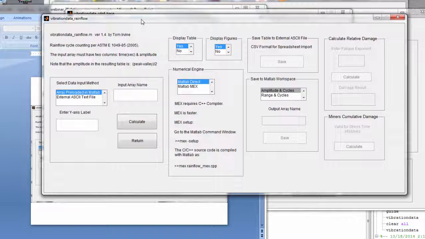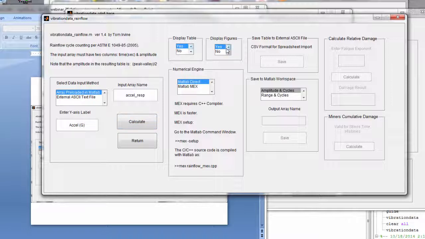Note that the way we're defining amplitude is peak minus valley divided by 2. So preloaded into MATLAB, we have Excel_RESP, the response of our spring mass system. It's very important: when we do rainflow, we don't do it on the input. Rather, we do it on the response. Very important. And this is acceleration in G's.